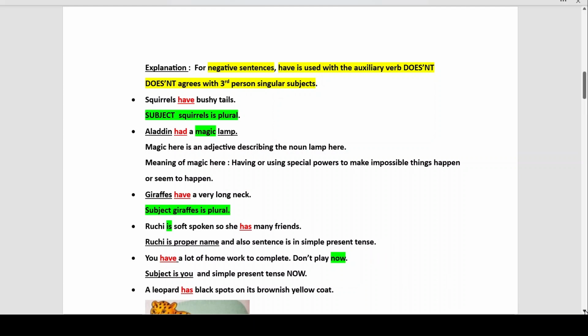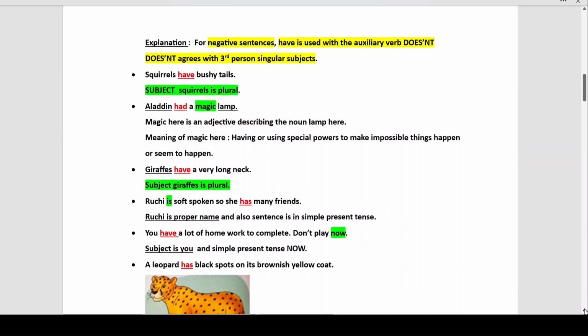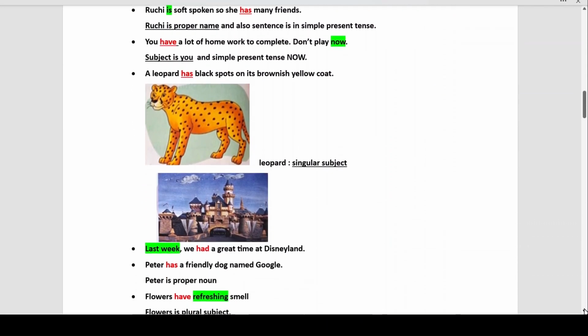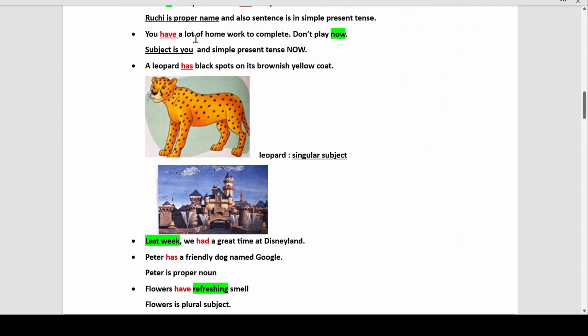Next, you have a lot of homework to complete. Don't play now. Now, wherever the subject is you, we use have. And don't play now indicates that it is a simple present tense. Therefore, we use have. A leopard dash black spots on his brownish yellow coat. Now, leopard is your singular subject, so we will use has.